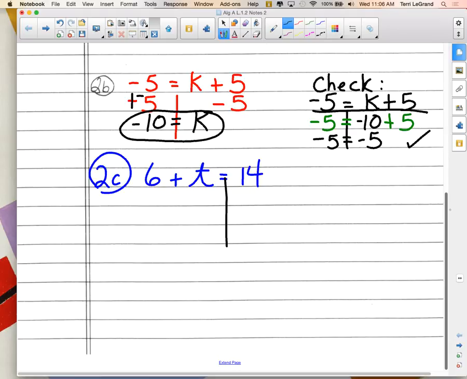So we're going to say, I need to do something to get T alone. What are we going to do? Class, what are we going to do? Subtract 6, okay? So we come over here and subtract 6, and we subtract 6. Why did we subtract 6? But you were adding 6. Yeah, can we read addition backwards? In other words, could this be renamed as T plus 6 equals 14?